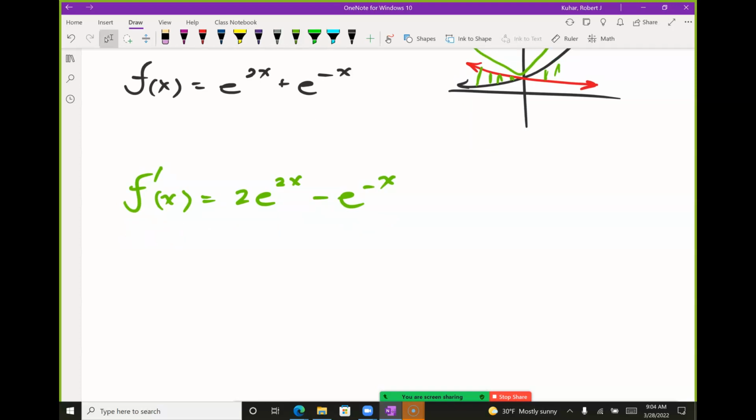I probably want to try and simplify this as much as I can. Let me see. I'm just going to improvise a little bit.